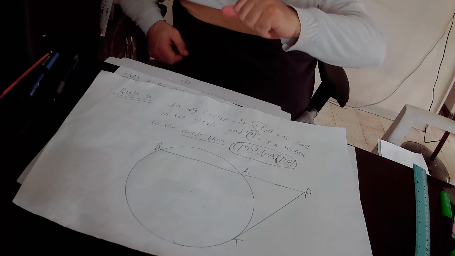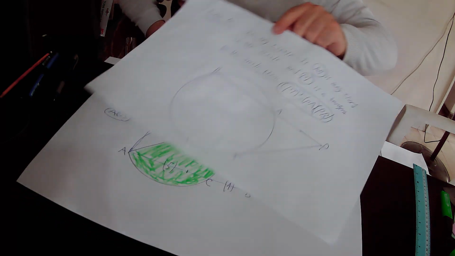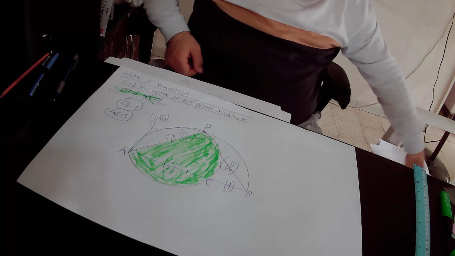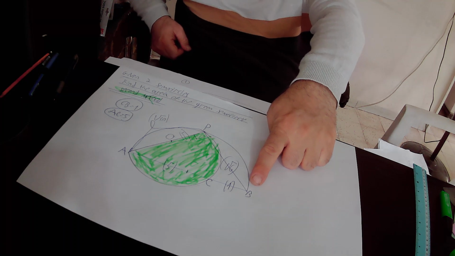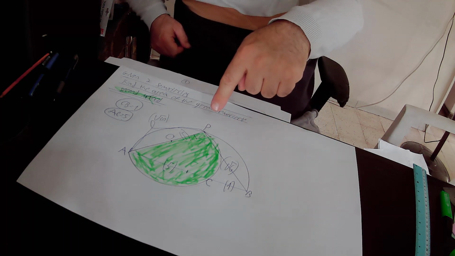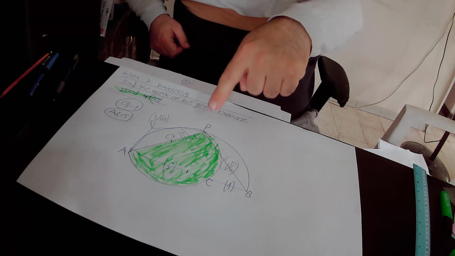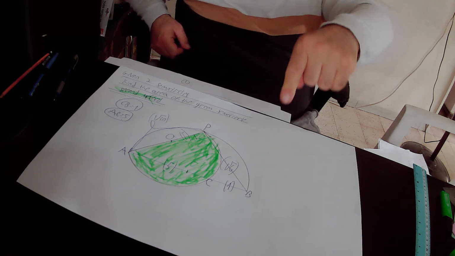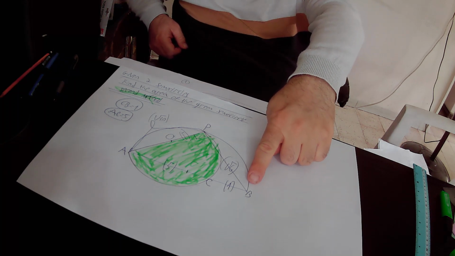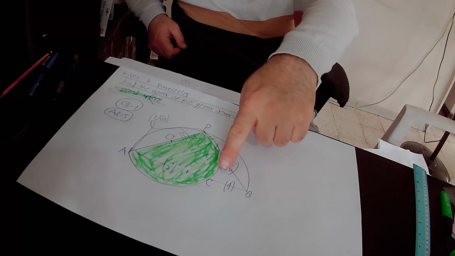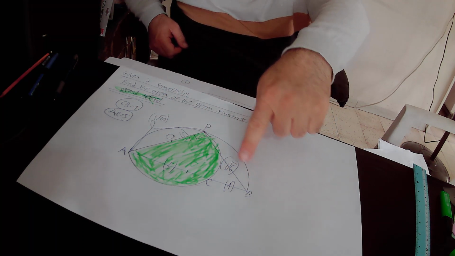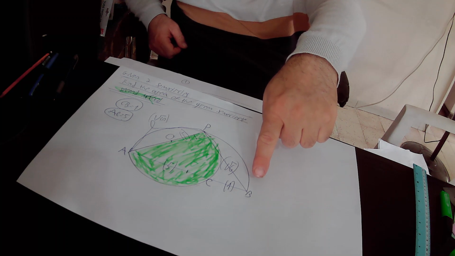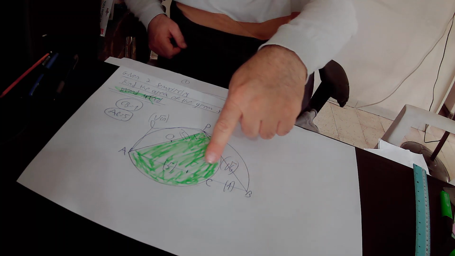So we can definitely implement rule 10 in our drawing. Why? Because in our drawing, if we focus on this common external point B, from this common external point B, we have tangent BP that is tangent to this green semicircle at point P. In addition, from the same common external point B, we have chord CA.